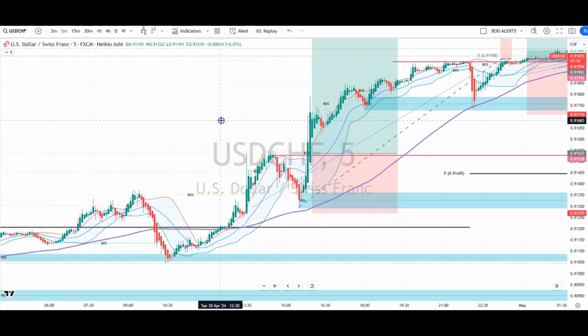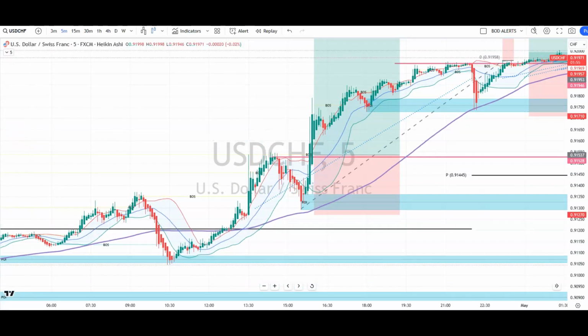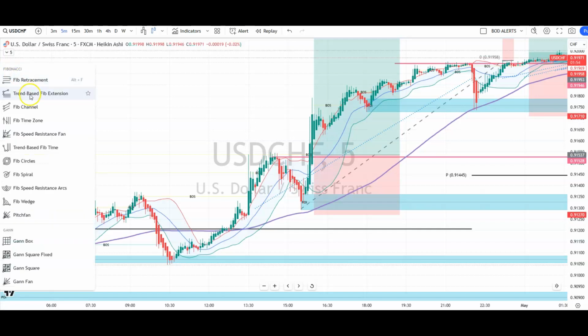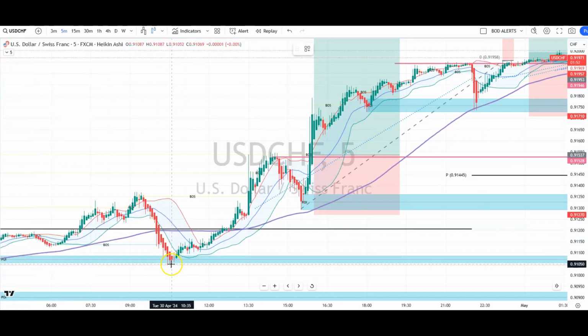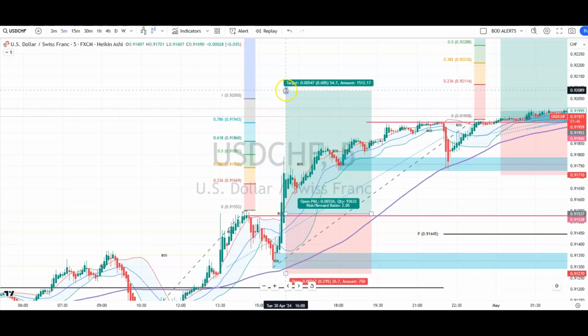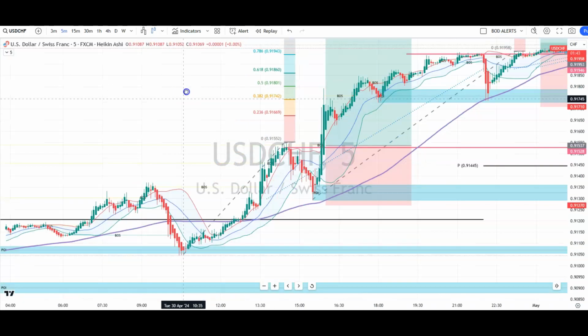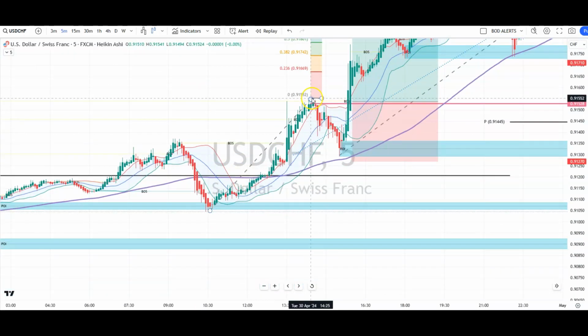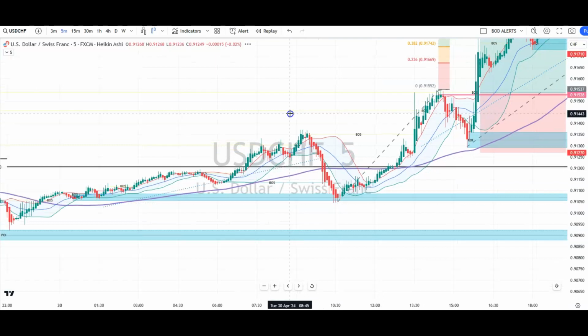And so again, calculating your targets, grab the trend-based fib to the top of the wick, drag it sideways, and then you can calculate your target. Now the narrower the previous swing low, of course, the target's going to be much less.